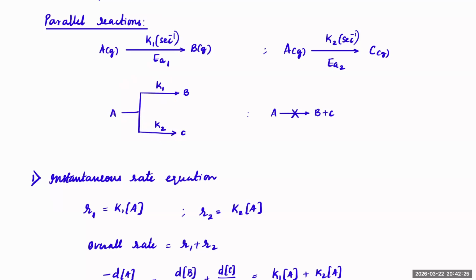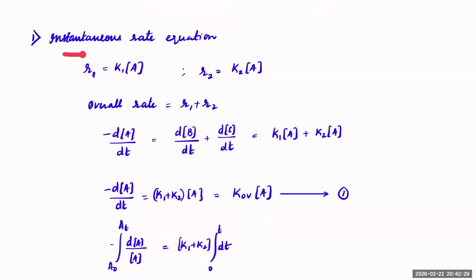Got it? And now notice, if you write the instantaneous rate equation, then R1, that is the way it is going in forward direction towards A to B. This is for A to B reaction. Then it will be K1 into A. Then A to C reaction, A is losing at a rate value of K2 into A. Then the overall rate is basically the sum of rate R1 and R2.